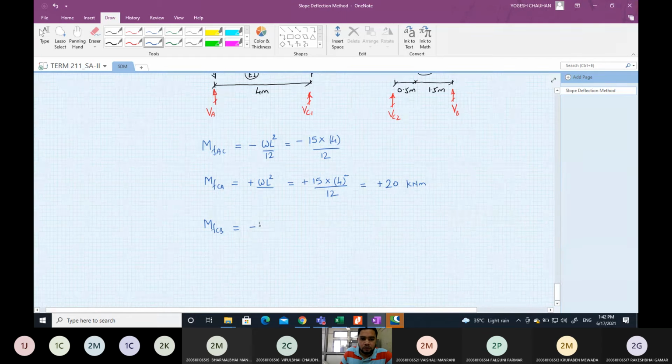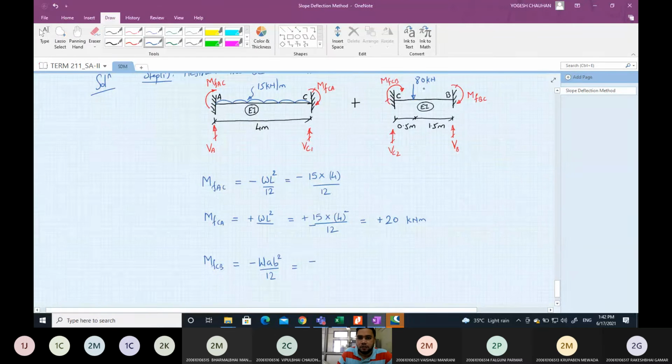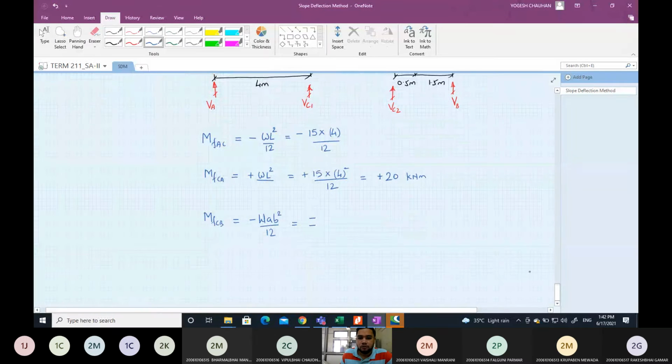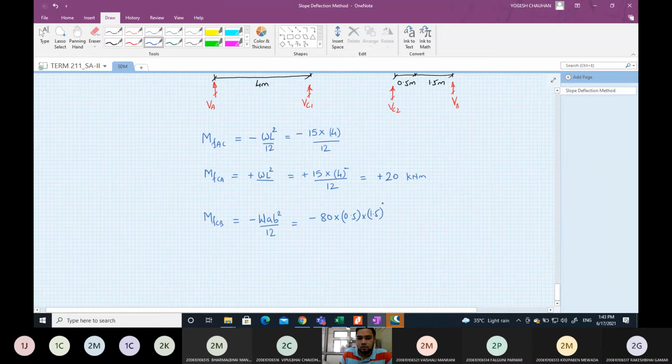So this will be minus W A B square by L square. That means minus, the value of the point load W is 80, so minus 80 into A, here A is 0.5 and B is 1.5, divided by the total L of 2 meter.